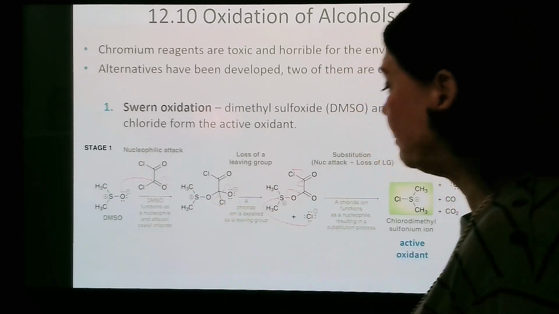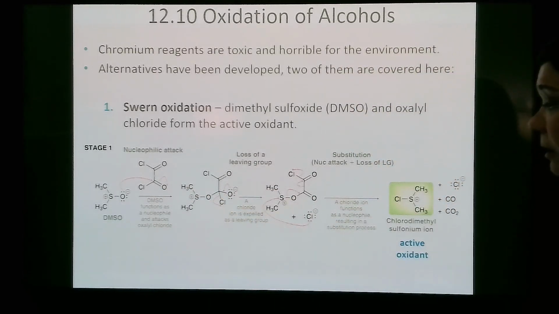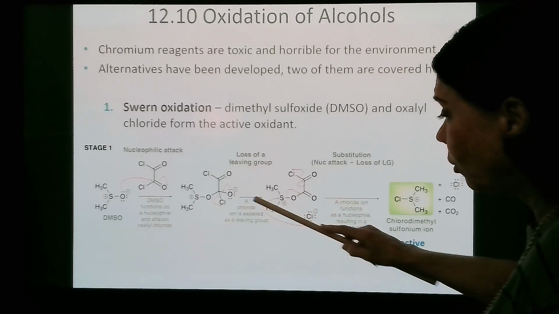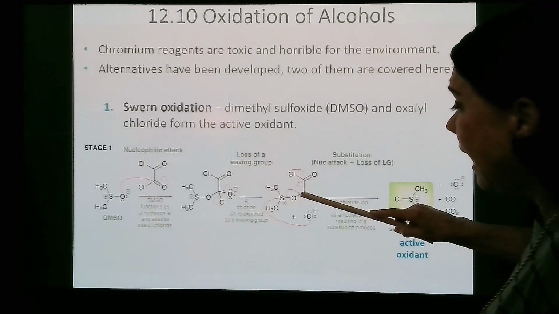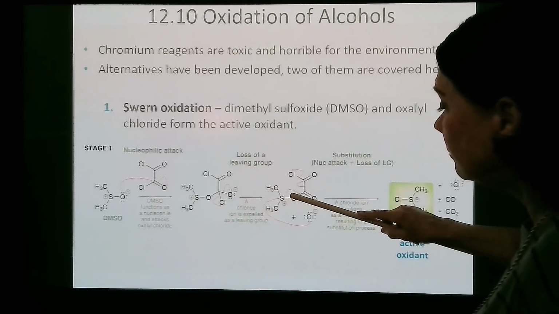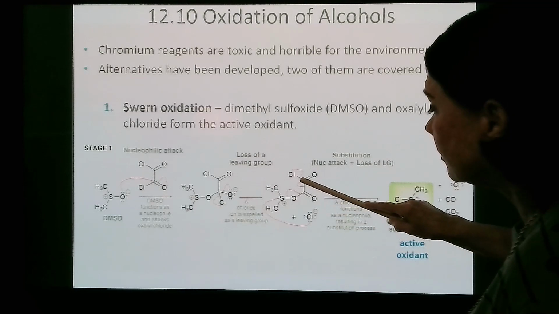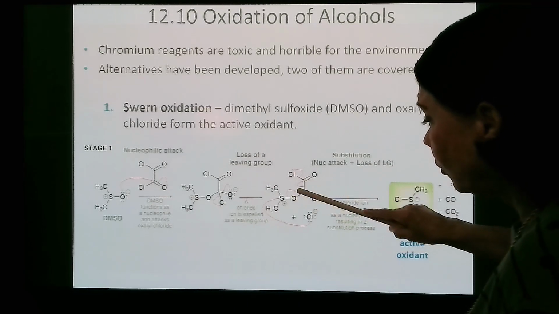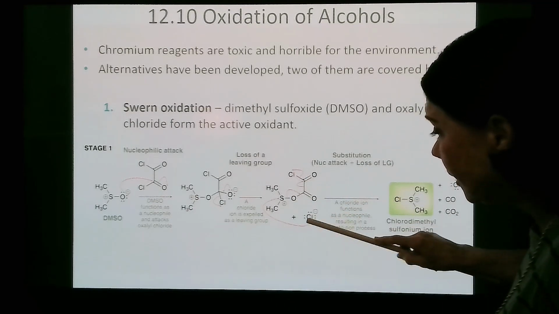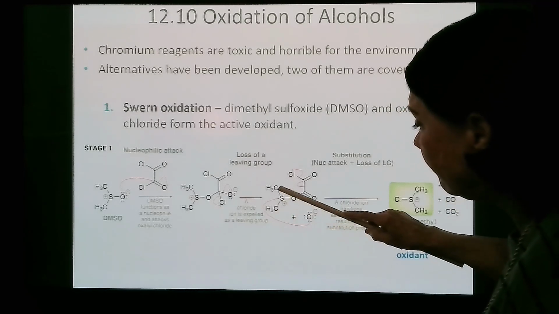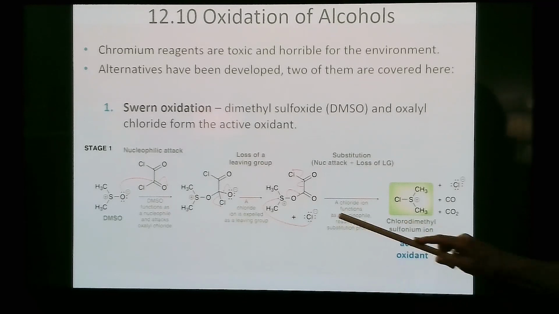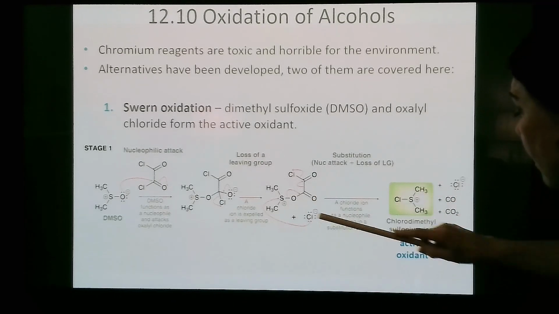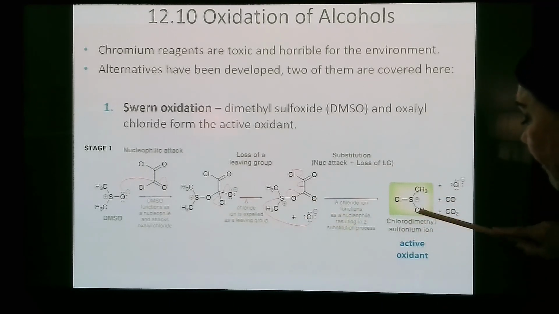The chloride departs, and so then that chloride comes around and does a backside attack on sulfur, and you form carbon dioxide, and this group departs. So you can see with the attack here, you do have the backside attack, inversion of stereochemistry, and so now you have the chlorodimethyl sulfonium ion formed.